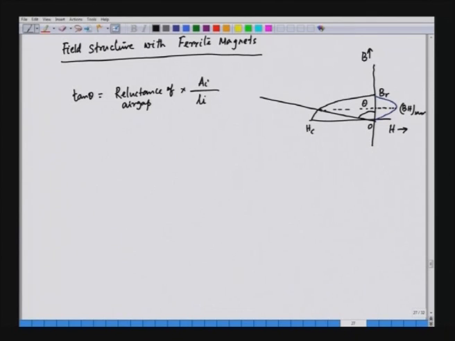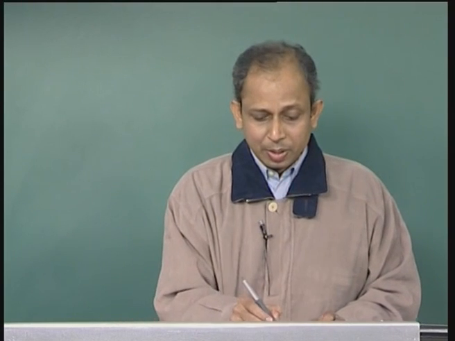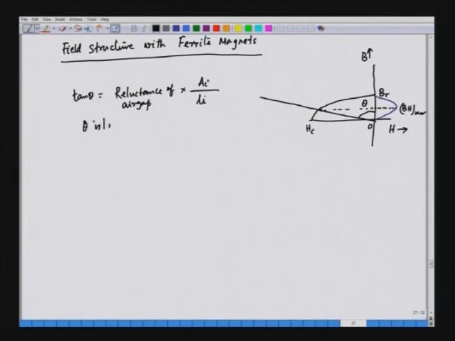So, if we want to have a high theta, tan theta will be large. So, to have large tan theta, we will have a small value of Li. So, it means theta is large here, which implies Li should be small and Ai should be large.